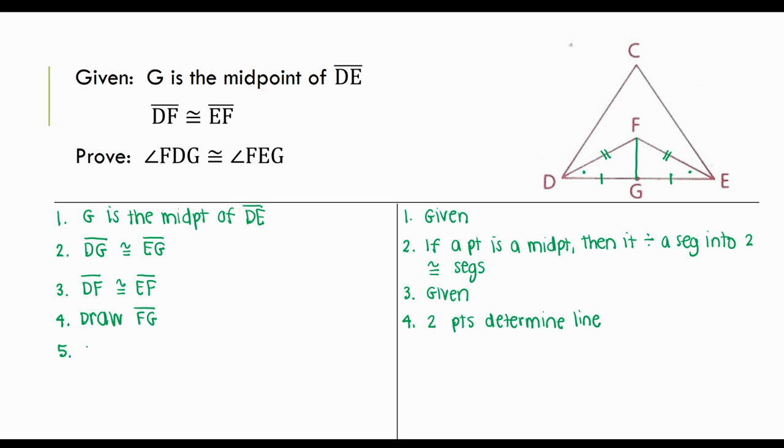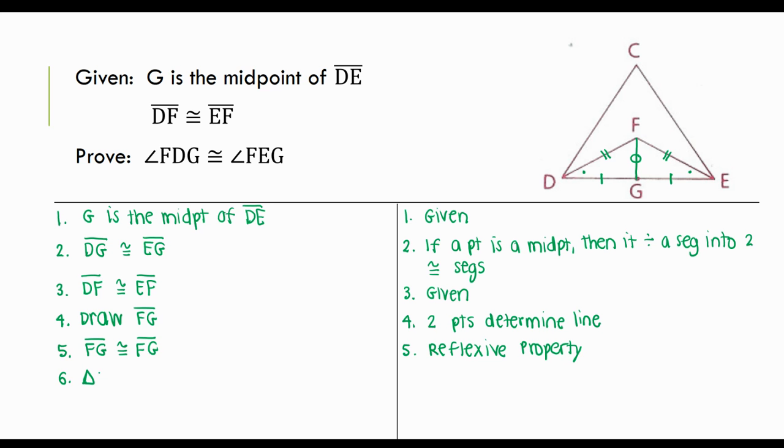And now that we have that, hopefully we understand that we can say that the segment FG is congruent to itself because of the reflexive property. That then gives me 2 smaller triangles with 3 sets of markings.